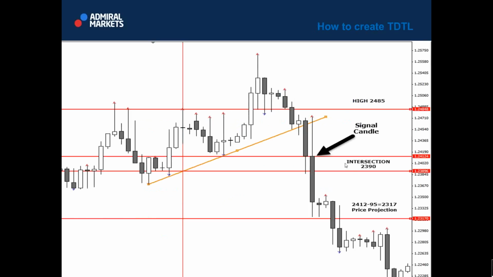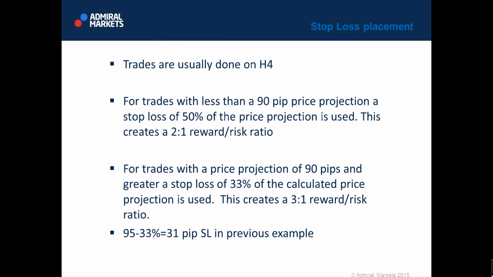I will give you the time to snapshot the chart, but also have in mind that you need to know about your stop loss. So you need to calculate your stop loss placement. For trades with less than 90 pip price projection, a stop loss of 50% of the price projection is used.